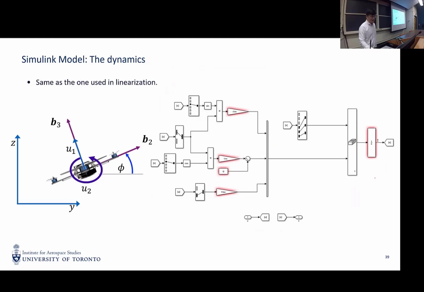So here is the nonlinear model I built in Simulink. I also introduced it last time, so you can download that later and read detail on your own. But it just resembles the previous dynamics we presented in the linearization part.